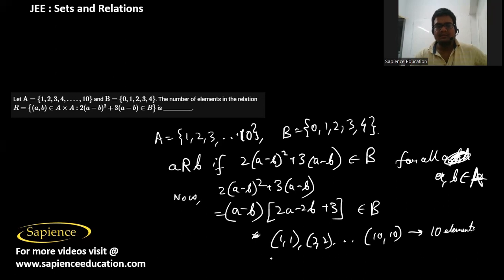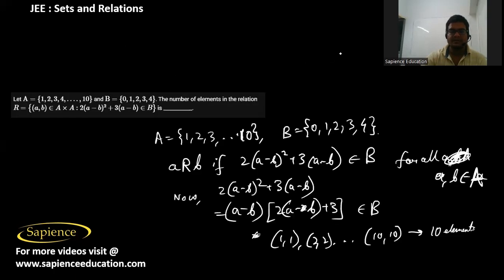Then this is (A minus B) into (2 into (A minus B) plus 3). And then A minus B can be equal to 1.